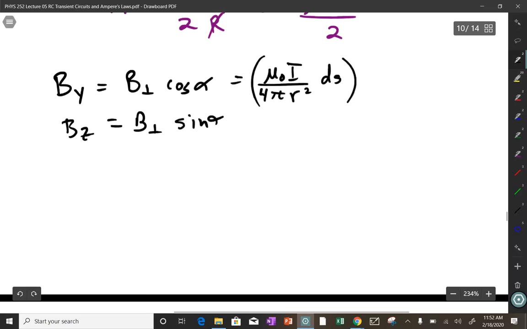So that's the dB, and then we have sine theta cosine alpha, and this would be the same thing.